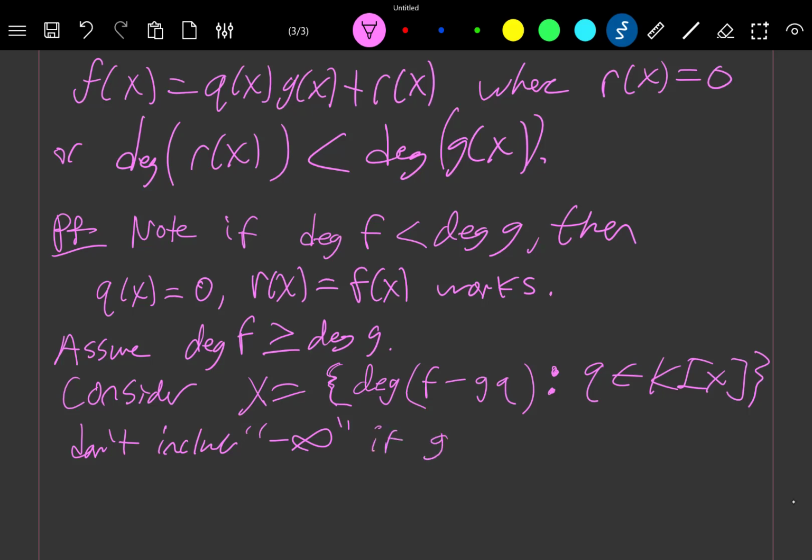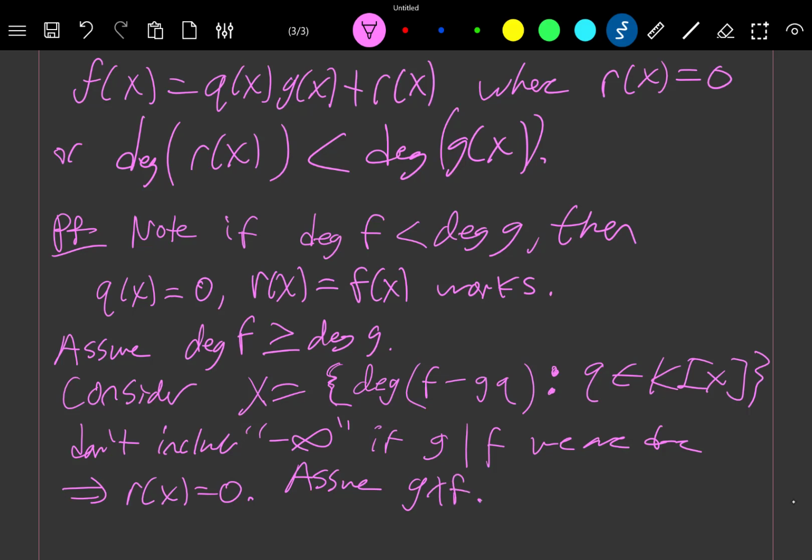So if g divides f, we are done, since this would give us an r of x equal to 0. So assume g does not divide f. That is, this polynomial here can never be the zero polynomial.